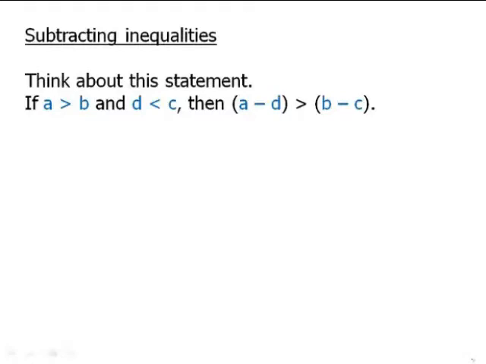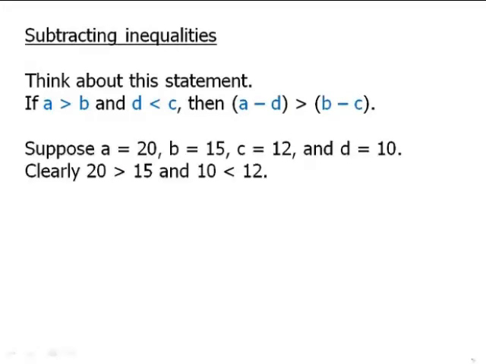Think about this statement. If A is greater than B and D is less than C, then A minus D is greater than B minus C. Let's do a numerical example. Suppose A equals 20, B equals 15, C equals 12, and D equals 10. Clearly, 20 is greater than 15. Clearly, 10 is less than 12. And when we subtract, we get 10 is greater than 3.